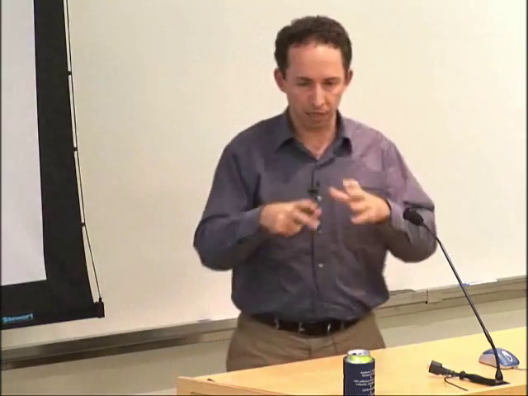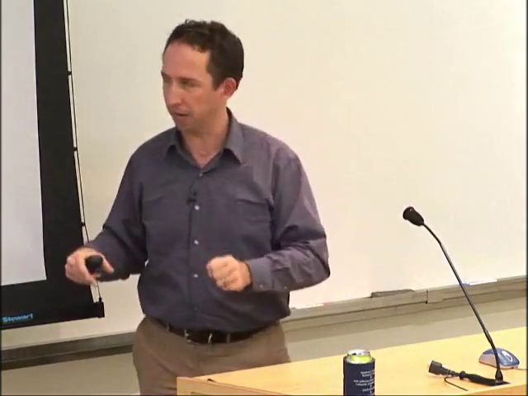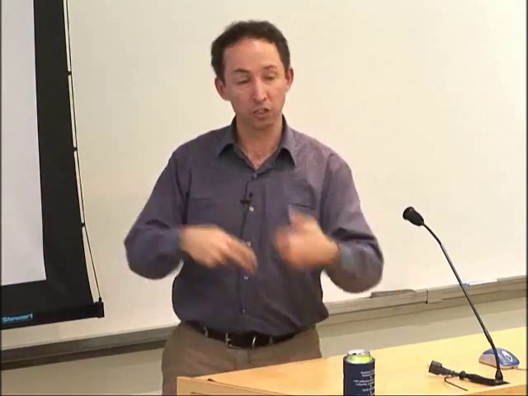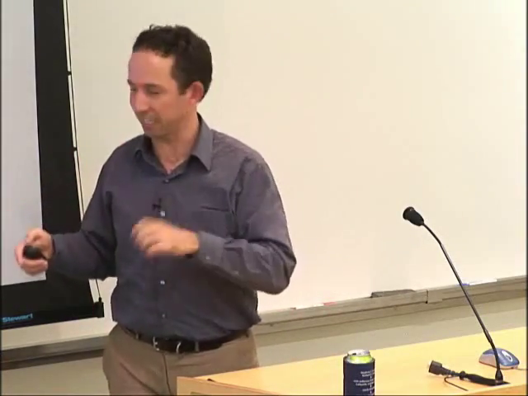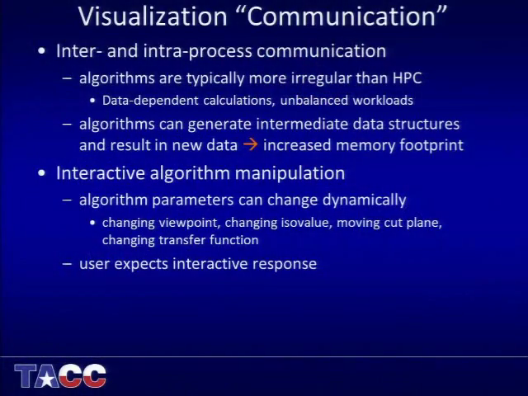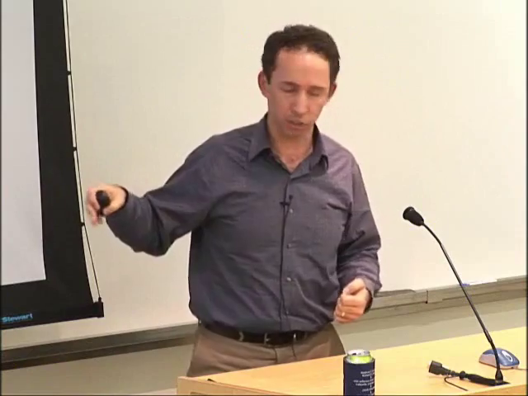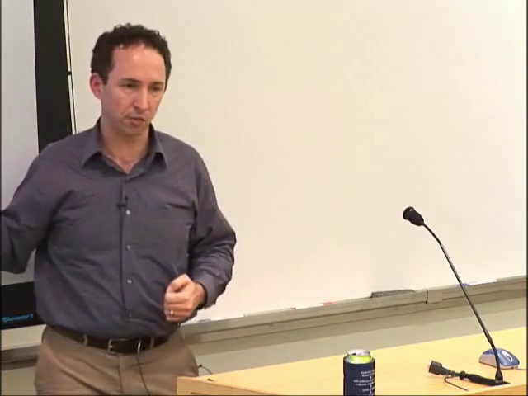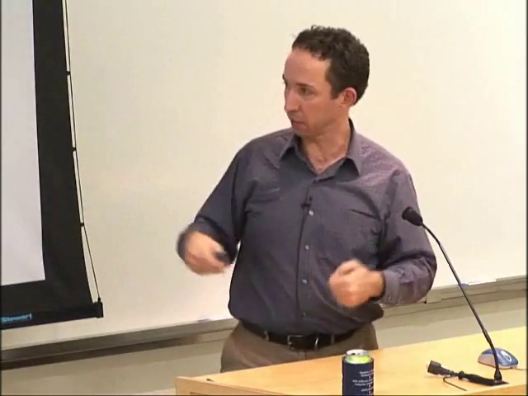You may change the gridding of it, but once you've formed that grid, it's constant through the calculation. In visualization algorithms, you're returning new geometry, or you're generating images that you'll return. So you have to buffer that data in memory. Also, you're interacting with someone controlling the algorithm and controlling the calculation. And so if you're changing that ISO value, then your parameters change and you have to recalculate very quickly.